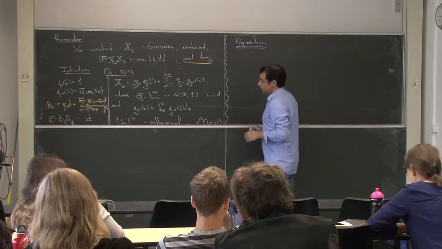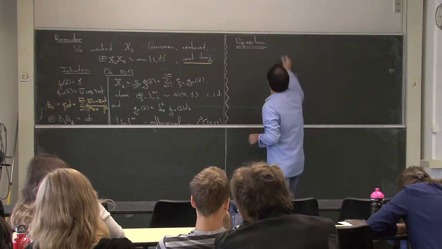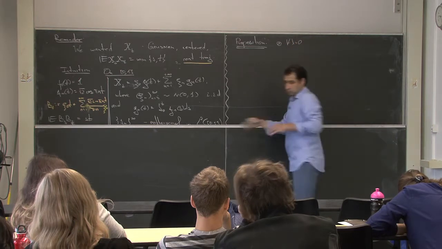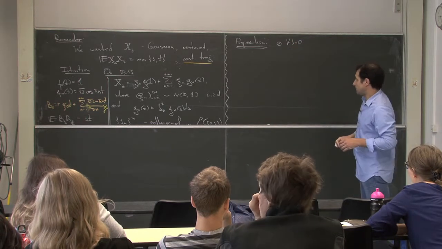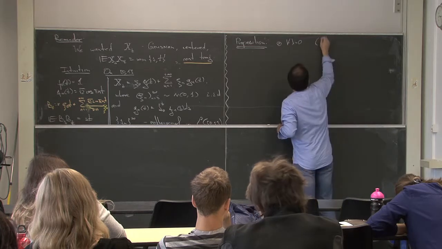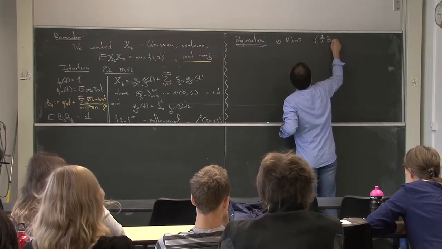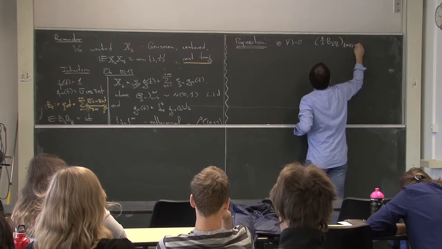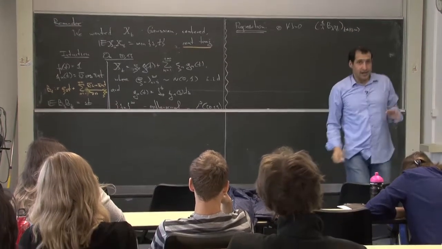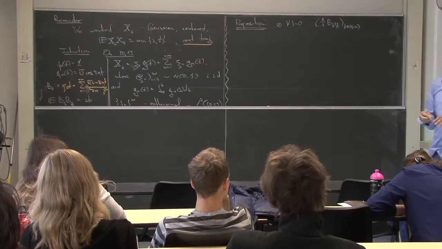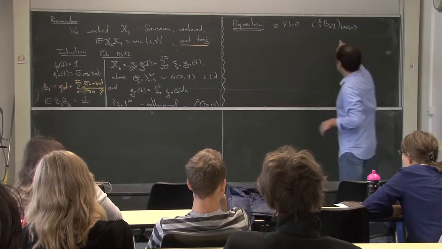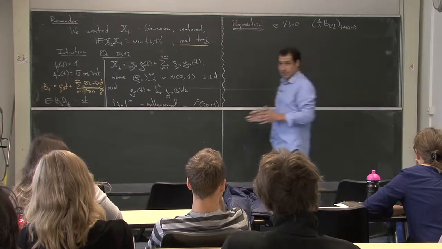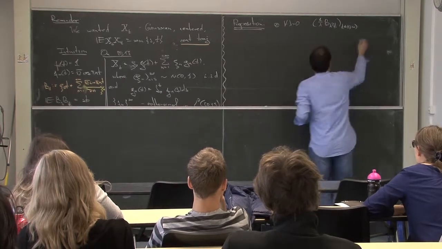The proposition is that, first, for any scaling factor lambda, if I scale the space by 1 over lambda and simultaneously scale the time by lambda squared, then what I have is exactly the same process in distribution.